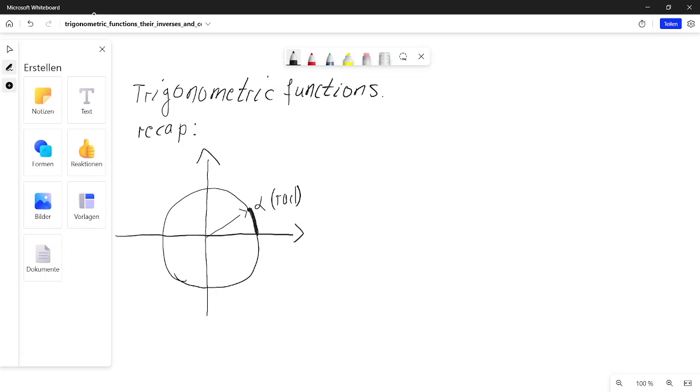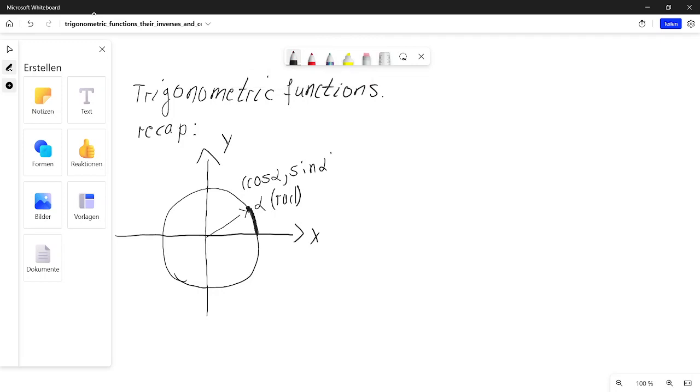And that was alpha radians, but we don't use the unit, we just consider it as a number, right? And we realized that the generalization of cosine and sine to general angles works simply via the coordinate system. If we have a point on the unit circle, this point just has the coordinates cosine alpha, sine alpha. Of course, the x coordinate is cosine alpha, and the y coordinate is sine alpha.